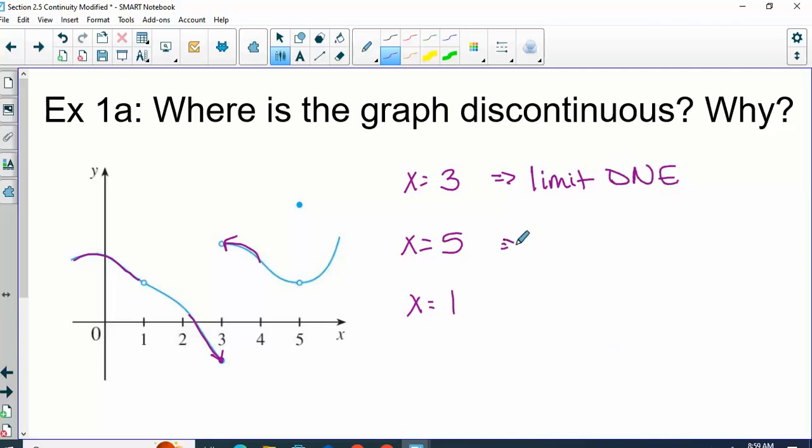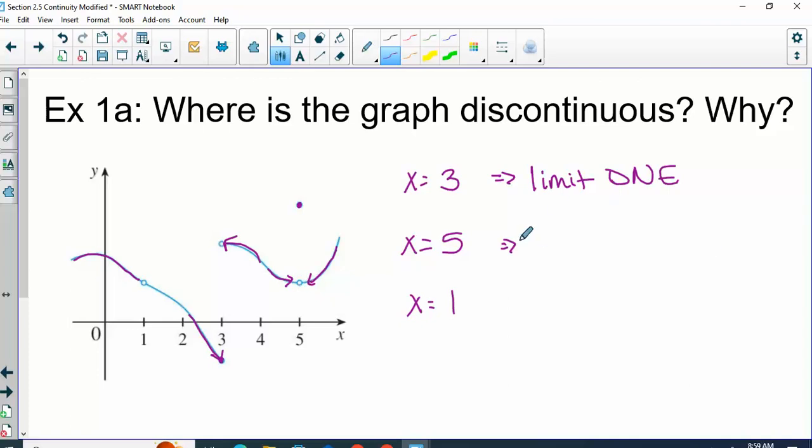Right, at 5, does the function exist? Do I have a closed circle? Yeah. We have a closed circle up here. So the function exists. Does the limit exist as I'm coming in from the left and the right? Do those match up? Yes, so the function exists, the limit exists. Are those two equal?